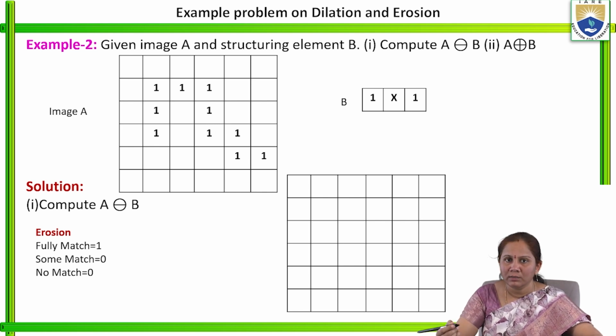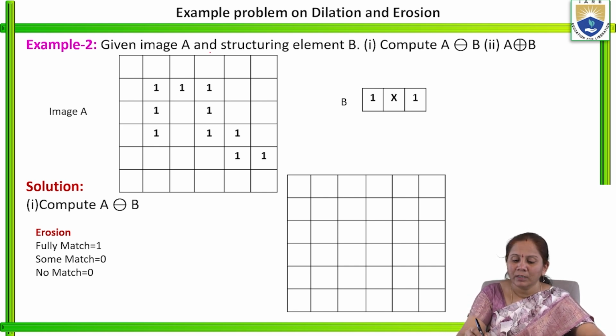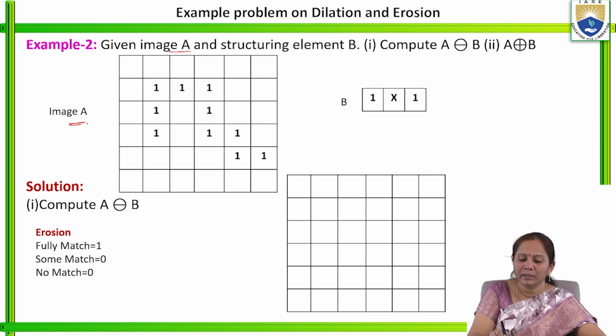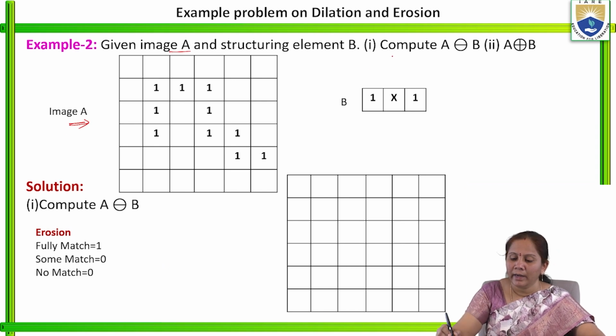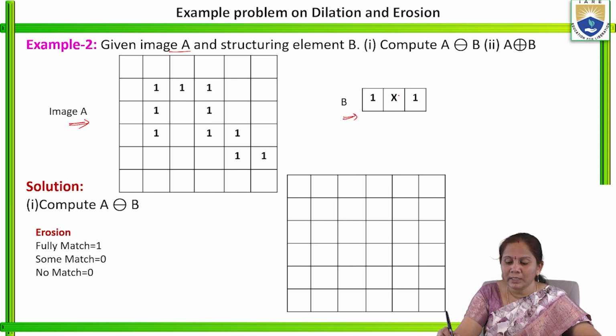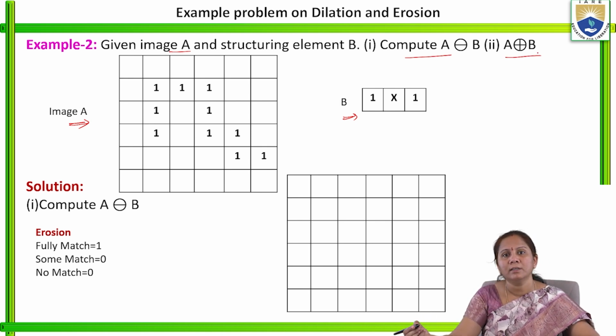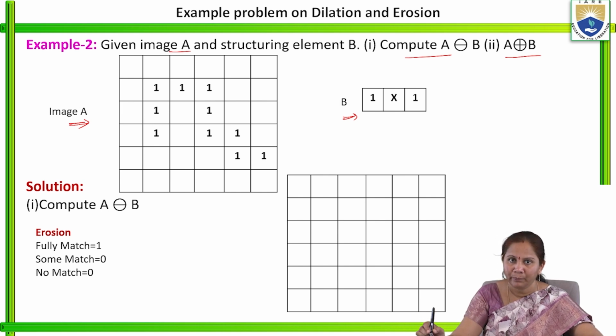Based on the same concept, this is the given image A, and here the structuring element B is given. There is a notation X which represents don't care. For the given A and B, we have to compute A erosion B, that is the first case, and the second case, A dilation B. Here we also have to recall the conditions of erosion and dilation.